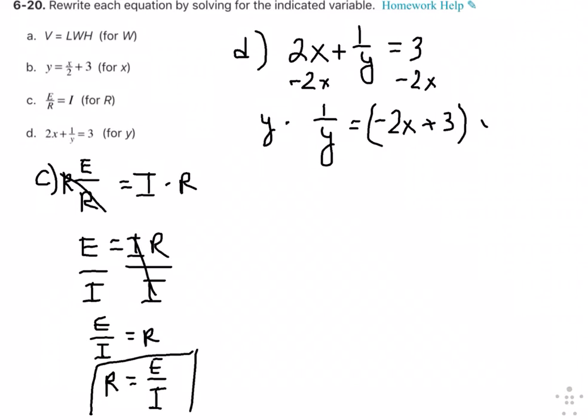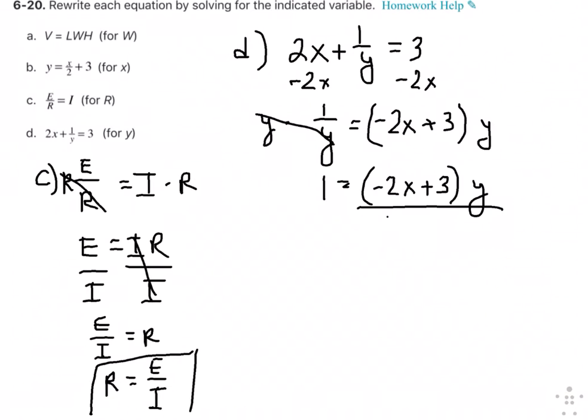Whenever we have the variable we're looking to solve for in the denominator, at some point you have to multiply both sides by that to get it out of the denominator. So in this case, I end up with 1 equals negative 2x plus 3, times y. Now I'm not going to distribute the y in because my goal is to get y all alone.